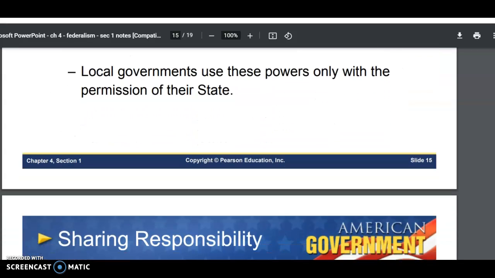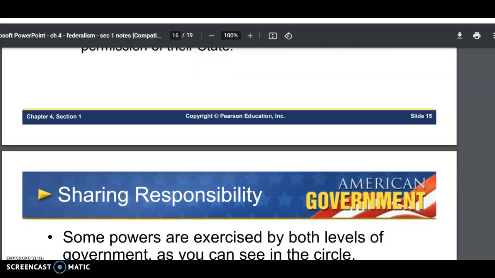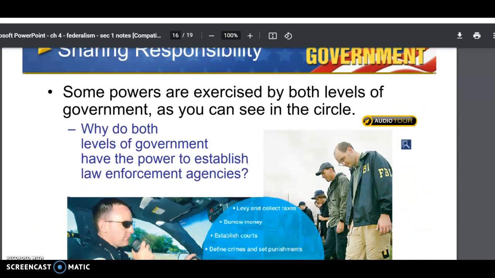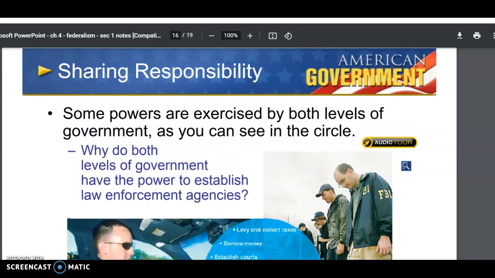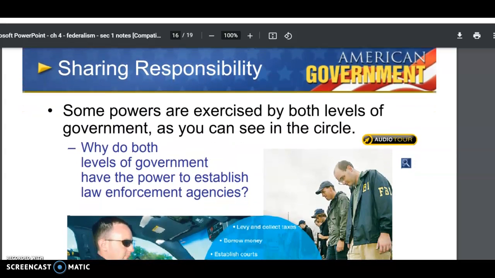Local governments use these powers with permission in their state on a regular basis. So sharing responsibility. That's part of what the concurrent power does, it lets the state and the federal government share the responsibility. There are some powers that are exercised by both levels of government, as you can see in the circle. Law enforcement.